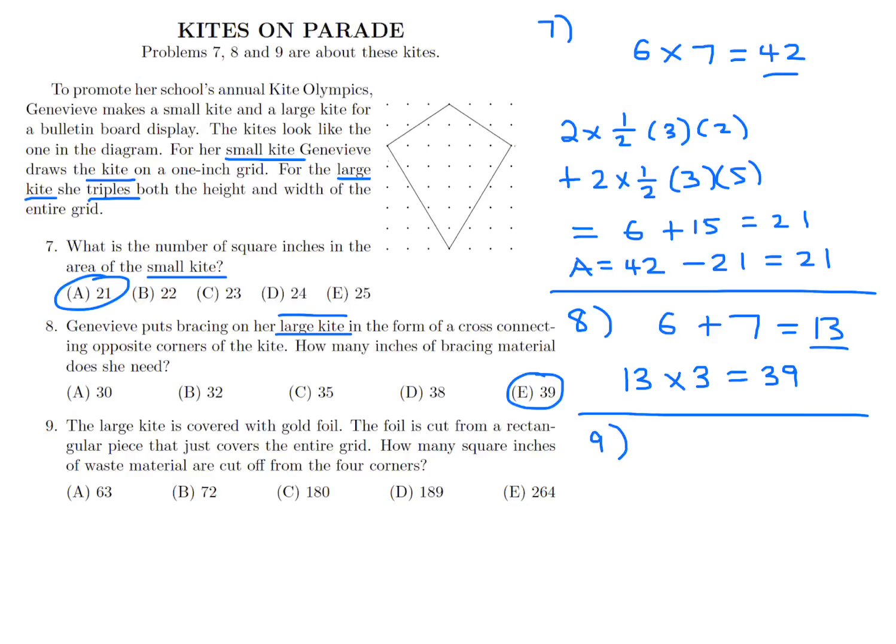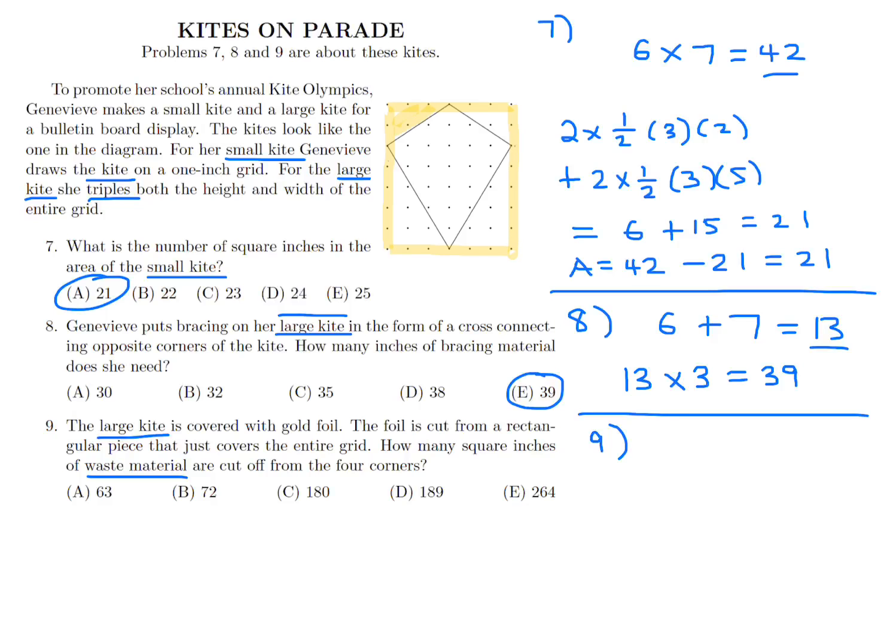And now number 9, the large kite is covered with a gold foil. The foil is cut from a rectangular piece that just covers the entire grid. How many square inches of waste material are cut off from the 4 corners? So you're taking a gold piece of foil that essentially is the same size as the grid, right?